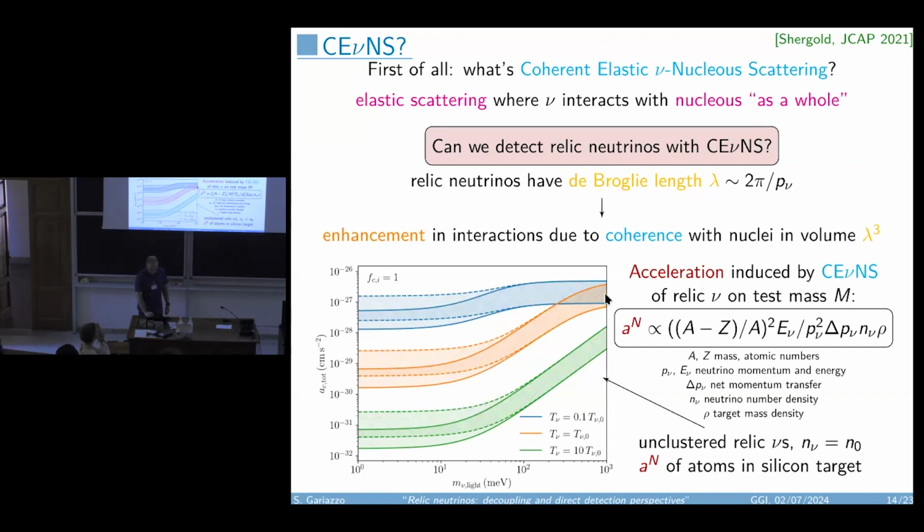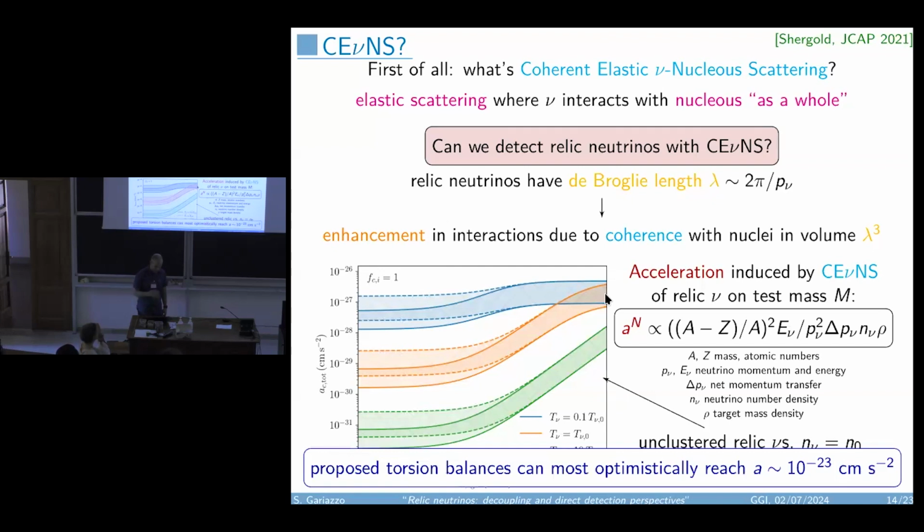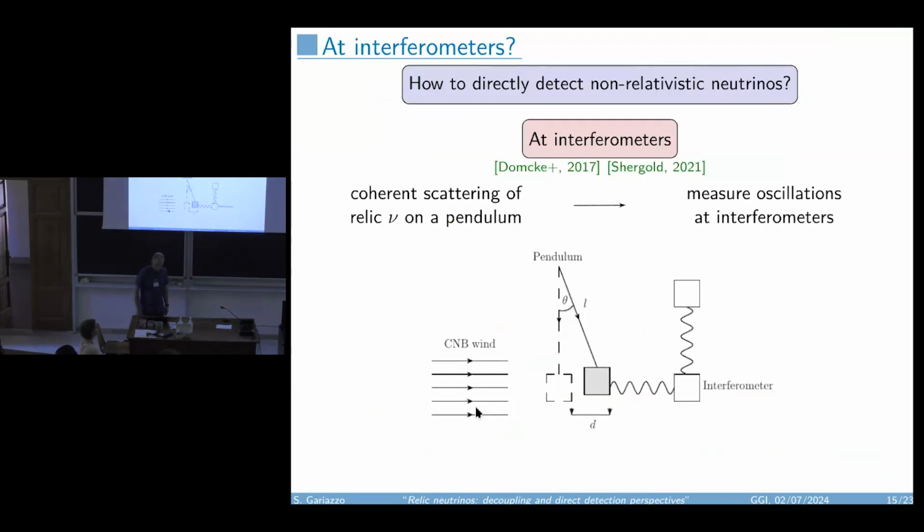Unfortunately, this is still far below even the proposed torsion balance mechanisms. For example, future torsion balances are expected to reach 10 to the minus 23 in sensitivity. Still 4 orders of magnitude away from this range. Still, nice try. Let's see another one.